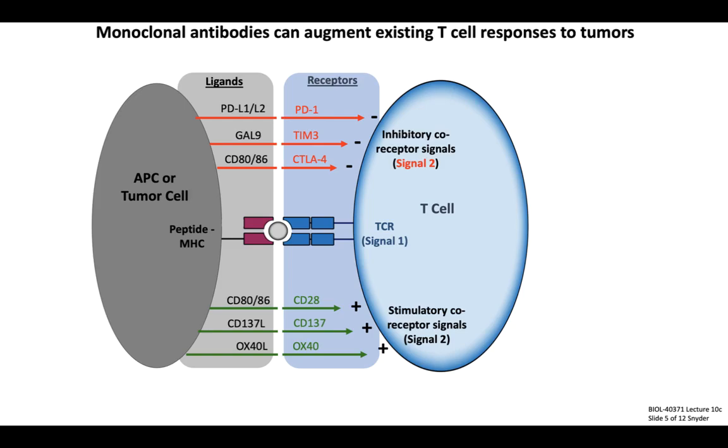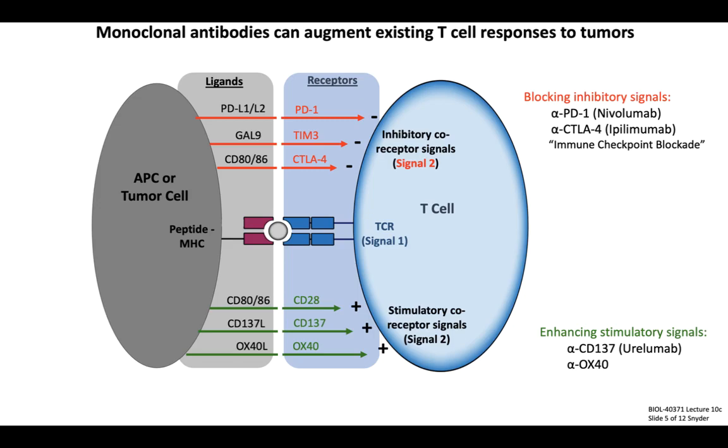These include surface markers like PD1, TIM3, and CTLA4 at the top of this diagram, all of which can bind to ligands expressed by APCs or even tumor cells themselves. Activation of these inhibitory receptors induces a non-functional state in effector T cells. Note that CTLA4 also binds to CD80 or CD86, so it basically competes with an activating CD28 for ligand binding. These receptors are sometimes referred to as immune checkpoints, since they serve as a check or regulation on T cell activation.